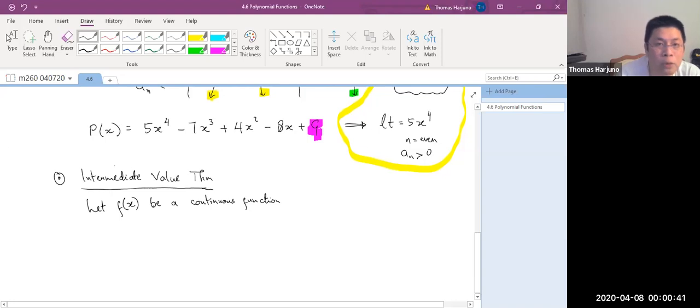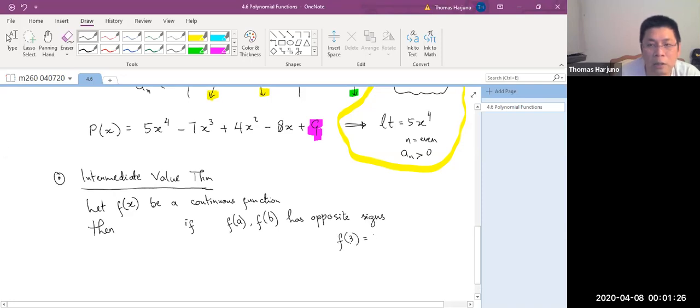Now, suppose f(x) is a continuous function, then if a is not equal to b and f(a), f(b) have opposite signs, let's say, for example, f(3) is 10 and f(4) is -3.